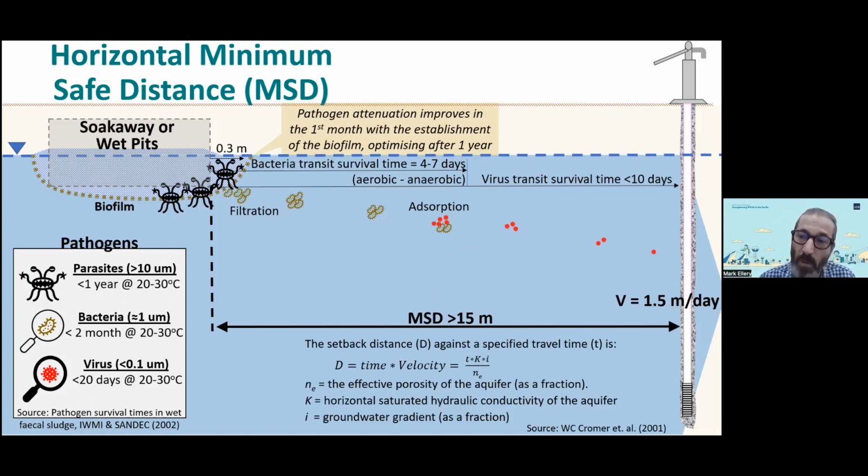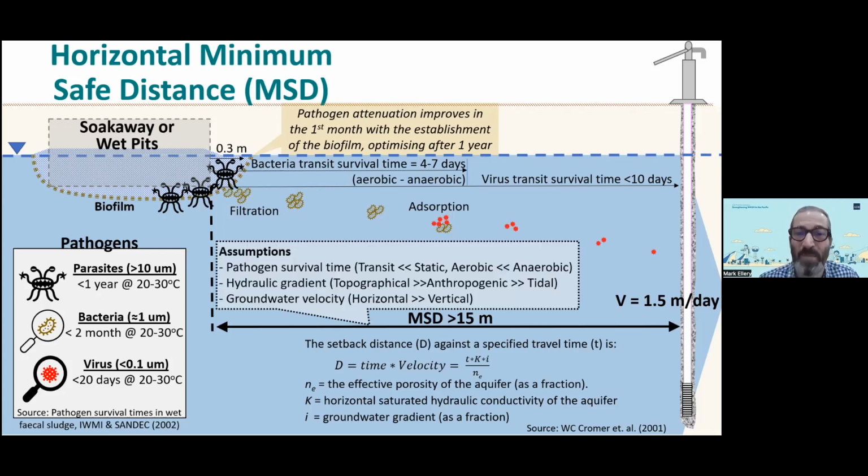We also are interested in this horizontal velocity, because the WHO assumptions are based on the hydraulic gradient being primarily topographical, whereas in the Pacific, our likely influences on the lateral velocity are going to be anthropogenic or tidal.